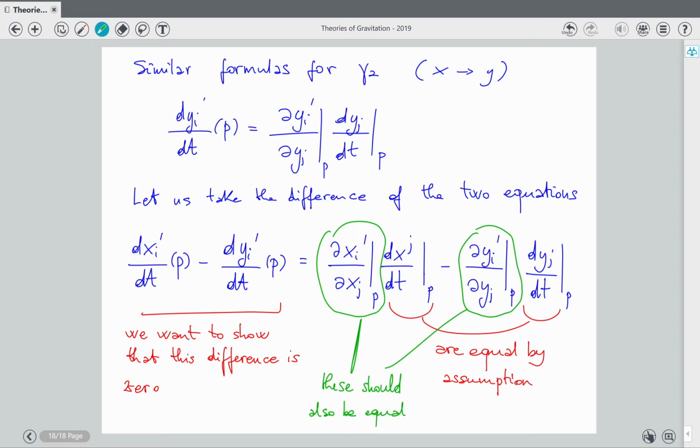They are different names because we are calculating them at different points, because the curves cover different points, but now we are calculating them at the same point. So it doesn't really matter whether we call them x or y, because this is the Jacobian that relates the same two coordinate systems, calculated now at the same point.